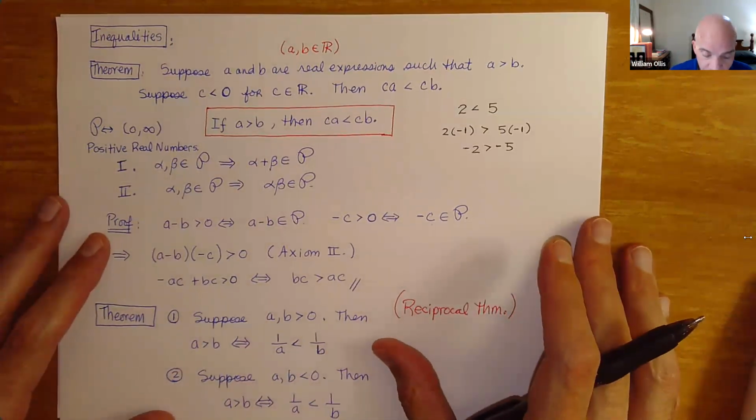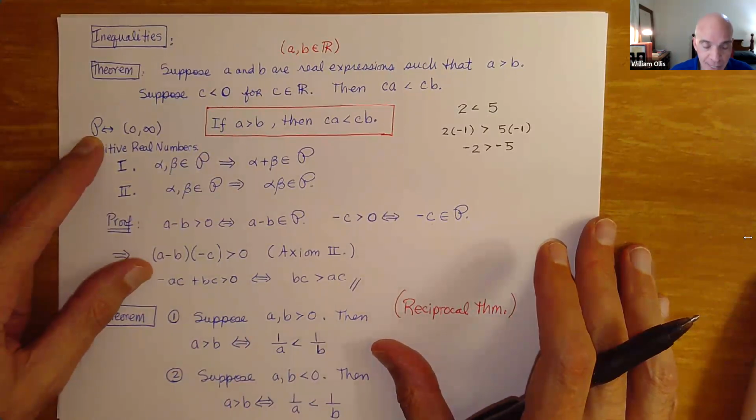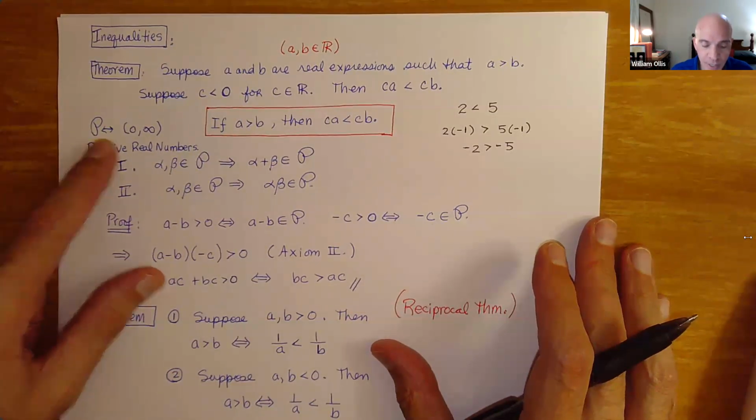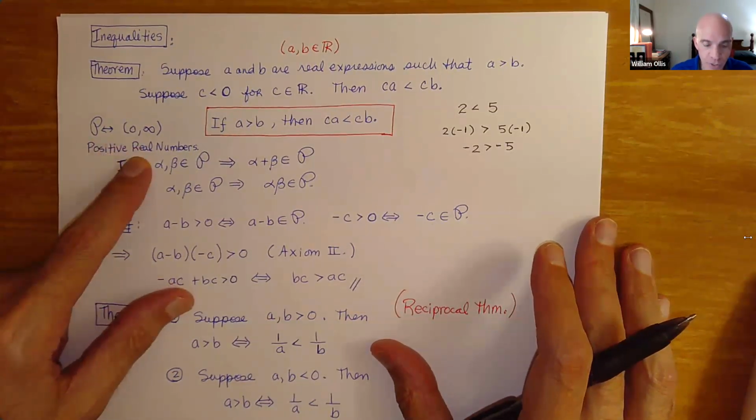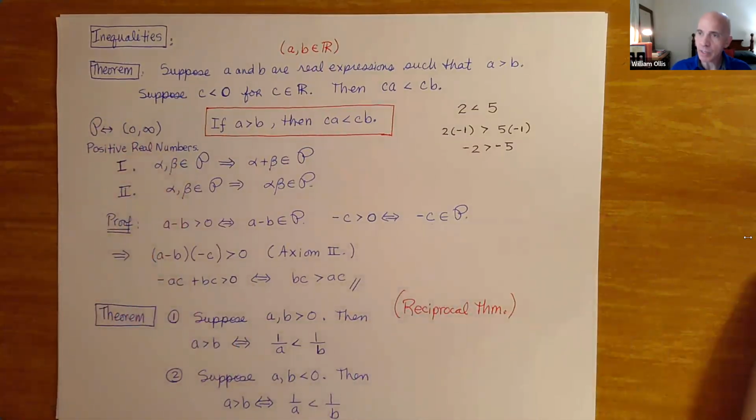Now, one thing we have here, what I want to state is the script P. That's what we call the positive real numbers. So just the script P would just be 0, not included, out to infinity. Okay, so when we use inequalities, we necessarily use interval notation.